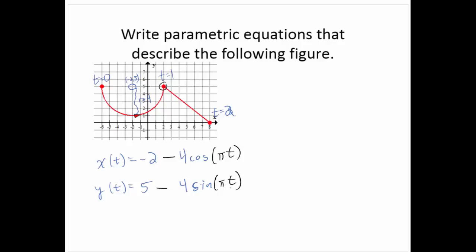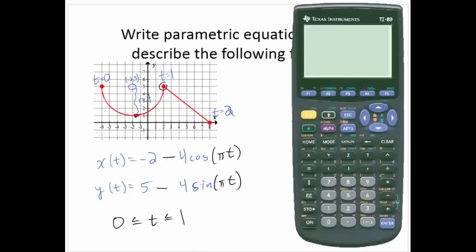Now let's just check that part. We want this to be from 0 to 1, so let's check that part on the calculator. Alright, so y equals, x1 is negative 2 minus 4 cosine pi t.